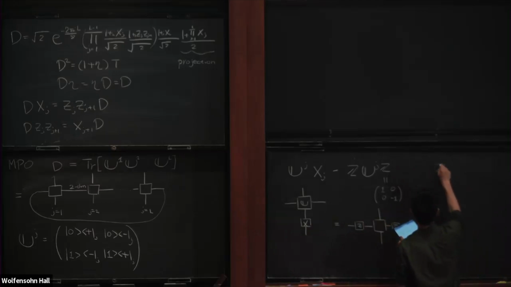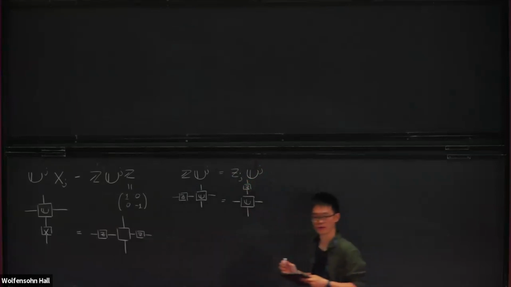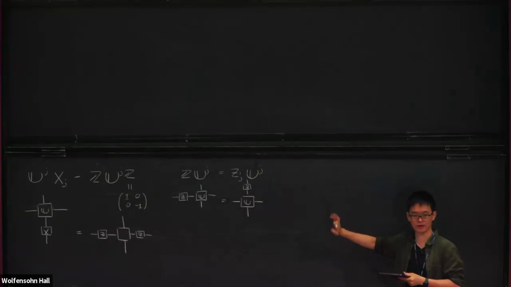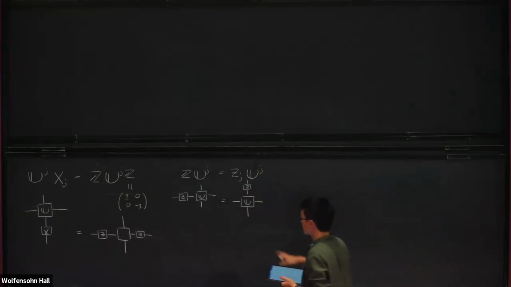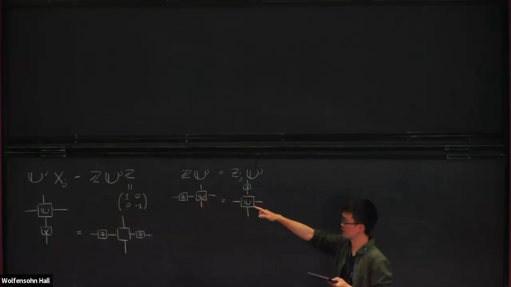If you have this Z in the bond space acting on U_j from the left leg, so let's write it in terms of diagram, then this equals the physical Pauli Z acting on U. All right, so just some simple identities you can really verify in 10 seconds. Now with these two equalities, you can now verify one of the equations over there.